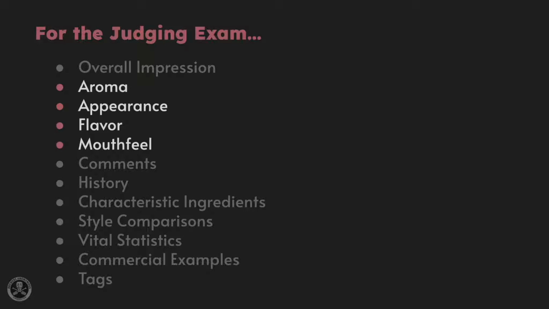Your overall impression is what you thought of the beer overall, what's good, what's not working, and how to fix it. None of that is in the overall impression section of the style guidelines. So the overall impression on the score sheet does not relate at all directly to the overall impression sections in these style entries.